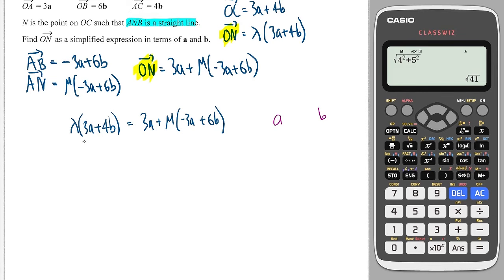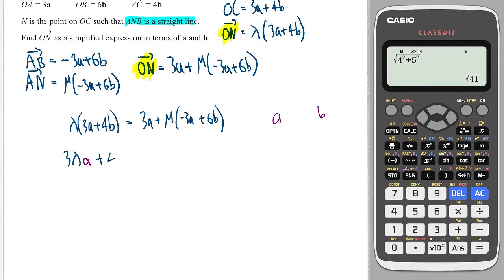So let's first look at how many a's we have on the left side. We have 3 lambda lots of a, and we have 4 lambda lots of b.